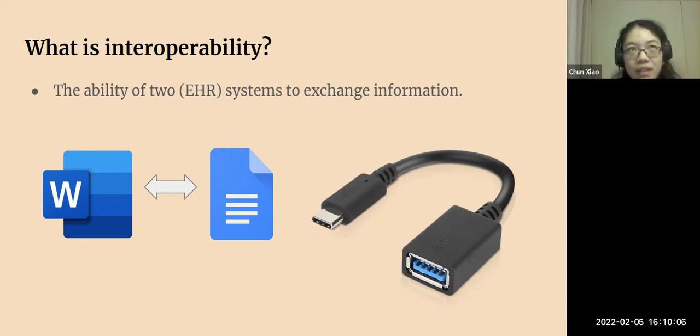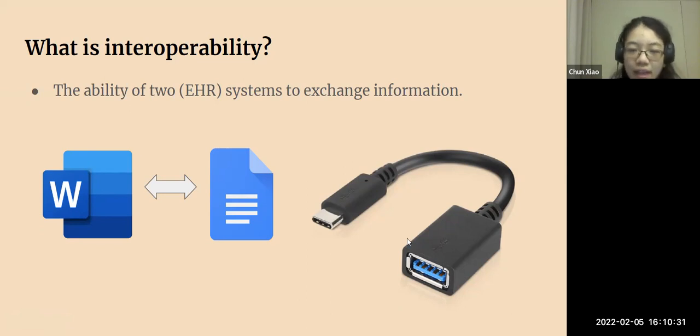So this is when you have a Word document and you upload it onto Google Docs, you can still access it later as a document because it's saved in the .docx form. So you can access the same document from many different systems, and it's easy to transfer information that way.